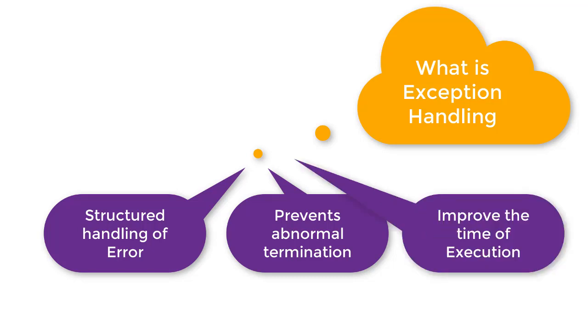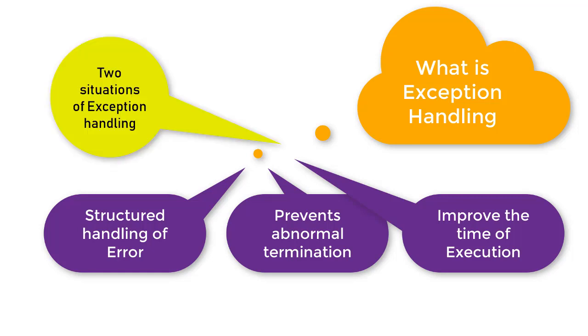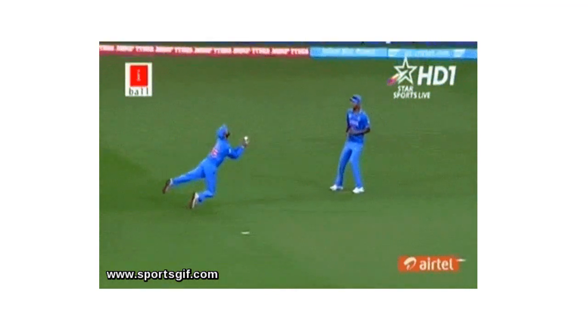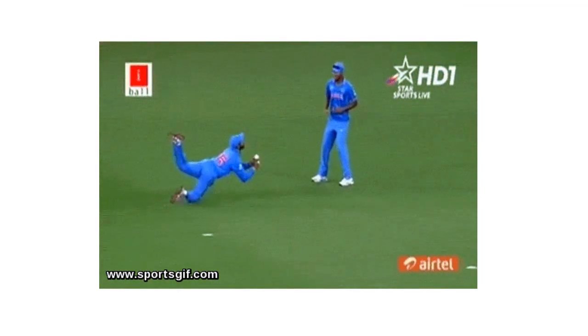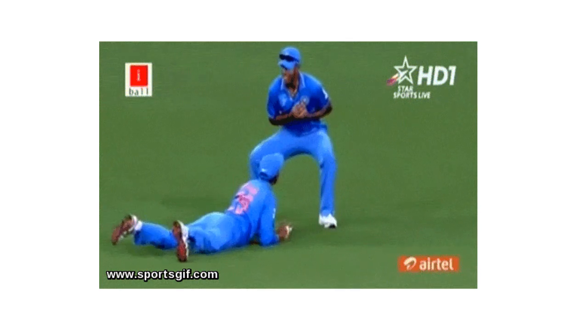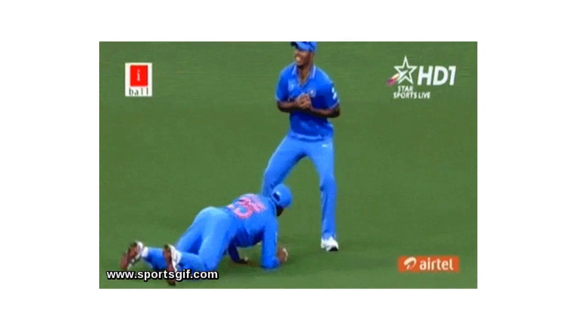Let us first see the following situation to understand exception handling. If you notice, in this scenario, a fielder is trying to catch the ball, unfortunately he missed it and he fell down. Now he is throwing the ball to another fielder, where the person catches. The aim of these two fielders is to get the batsman out, where they failed in doing this.